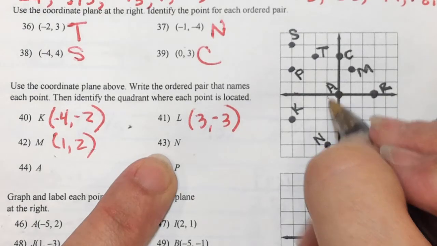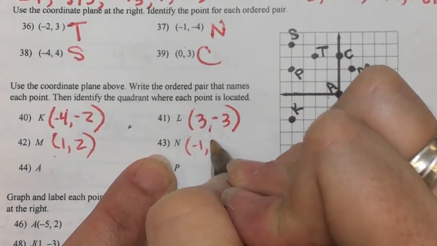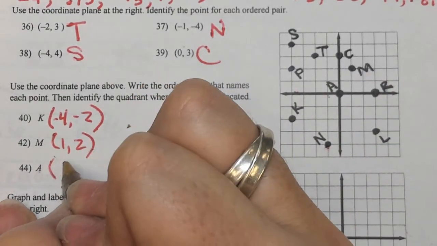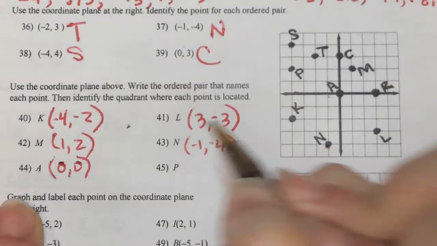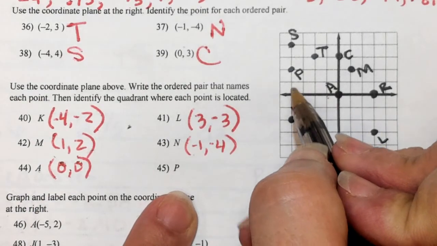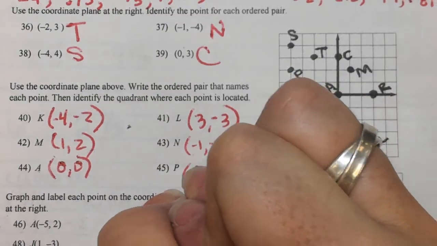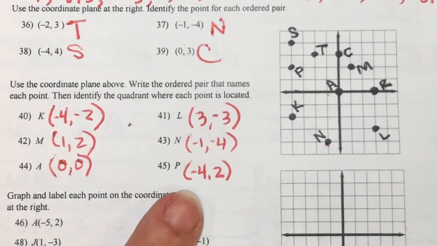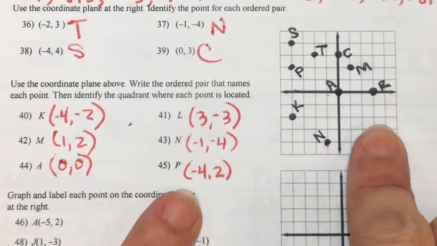N would be negative 1 and negative 4. A is 0, 0. It's the origin. It is the middle. P is negative 4 and 2. Okay. Yeah, all that dealt with that graph.